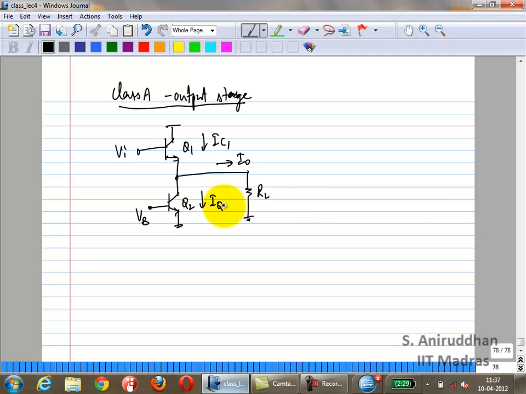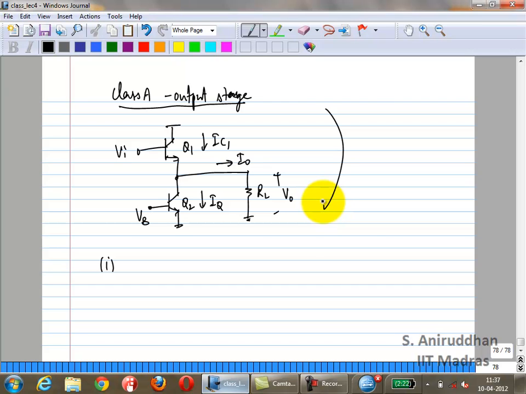Okay, the output voltage is VO. So now what do we want to find? First of all, let's start off by finding out the input-output relationship between VO and VI.